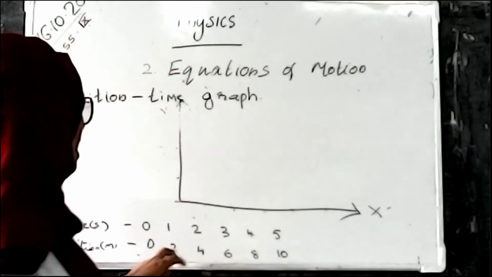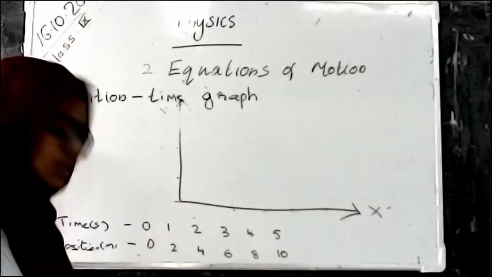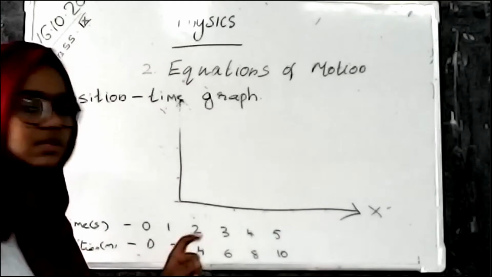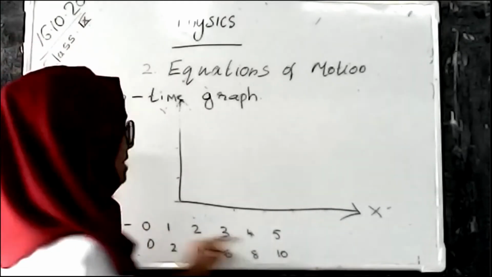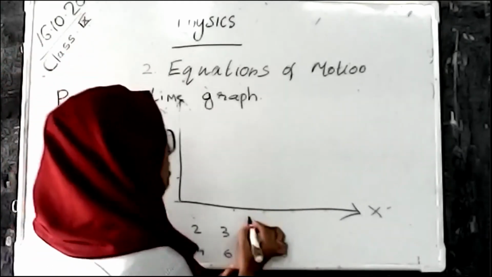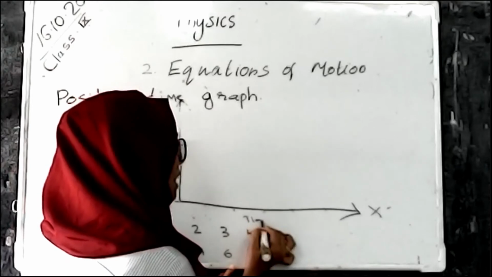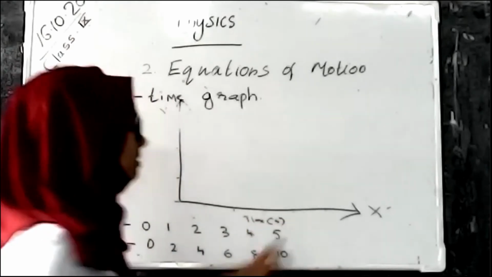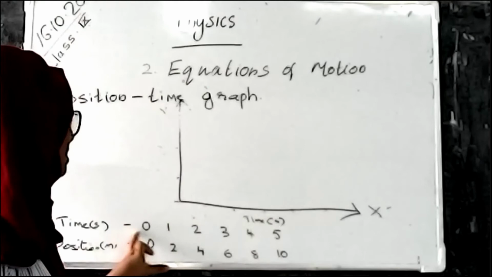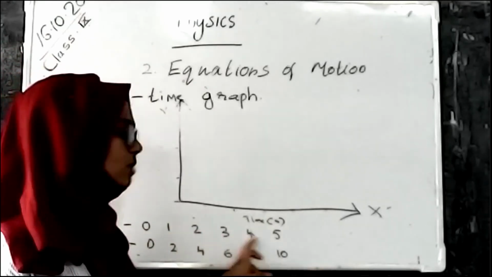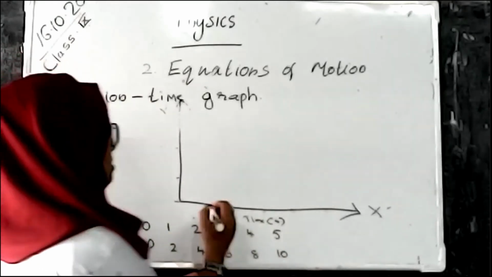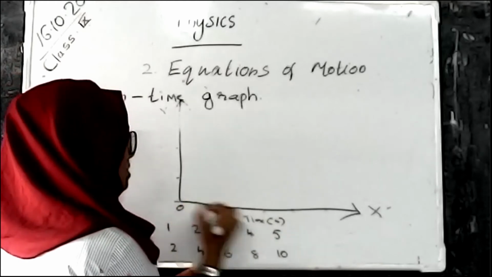Okay. And we denote all these values in this graph. The x-axis is time, so write time in seconds on the x-axis. The time goes 0, 1, 2, 3, 4, 5 seconds, where 0 is the origin.